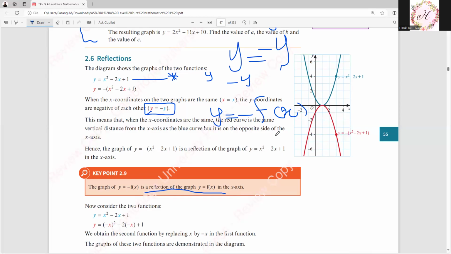The y values are getting negative, the opposite. It's mirroring.